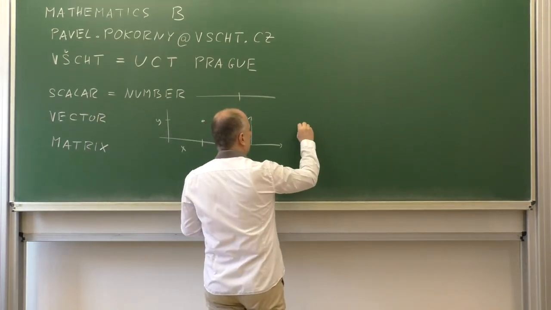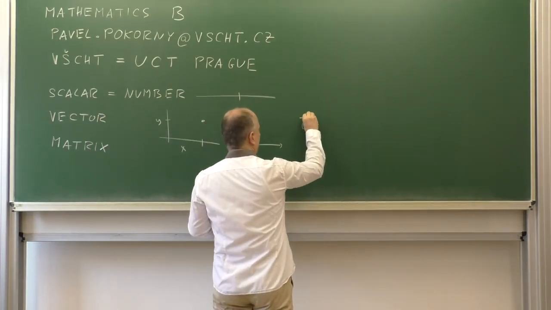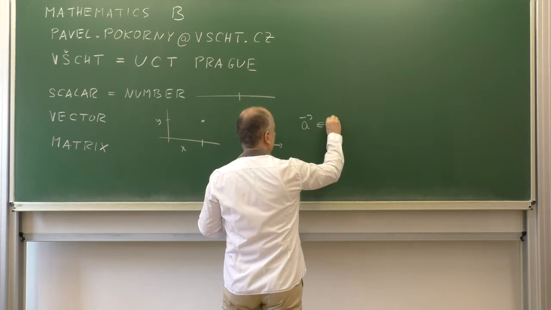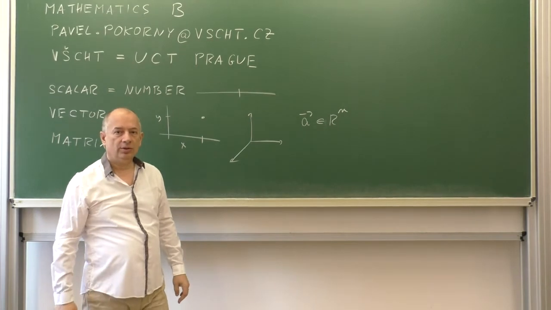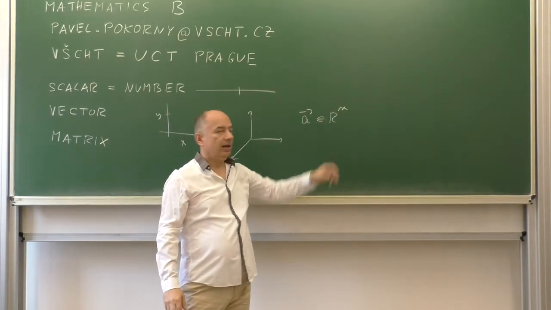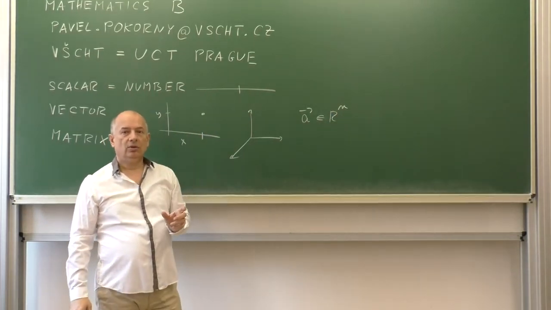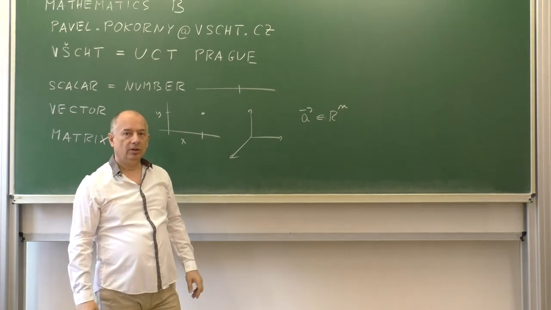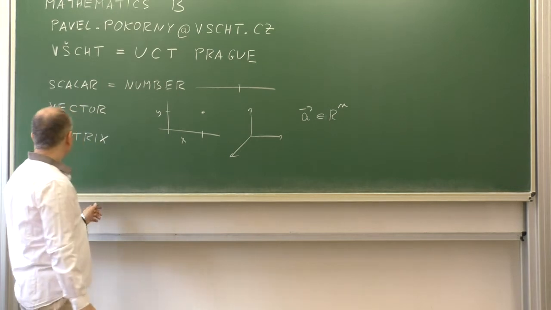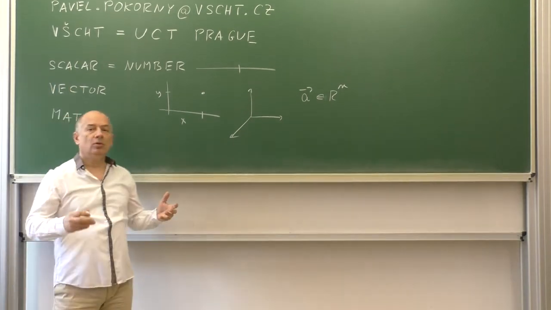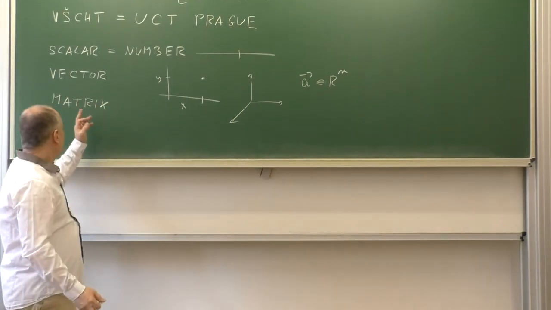In general, we can consider a vector A from Rn. R is the set of all real numbers, and Rn means the set of all n-tuples of real numbers, pairs, triples, or more. And then there are even more complicated structures, like a matrix.